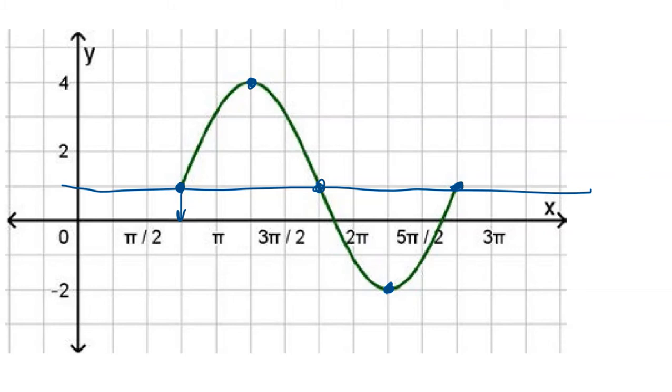The D value, you do have to look at the scale. We did have to notice that this is counting by ones. And amplitude often is quite easy as well. But the C value, it's easy to see where it starts. You just have to think about the scale. The other way you can think about it is if it's 2 squares to pi by 2, then 1 square is half of that, which would be pi by 4.